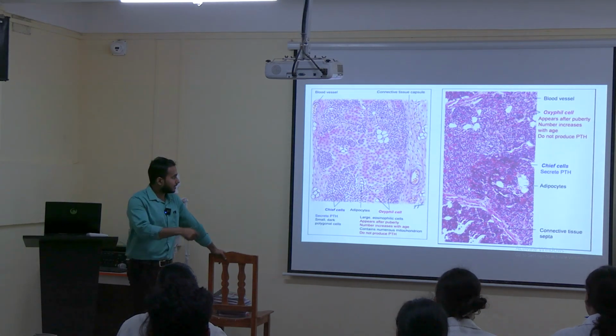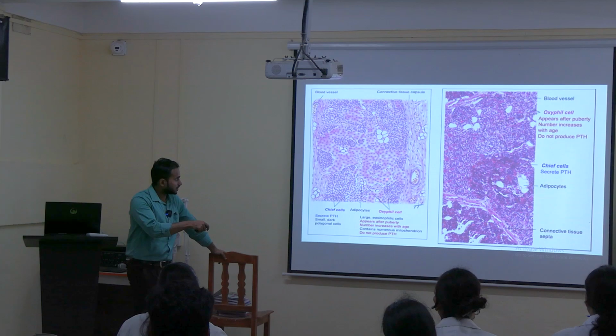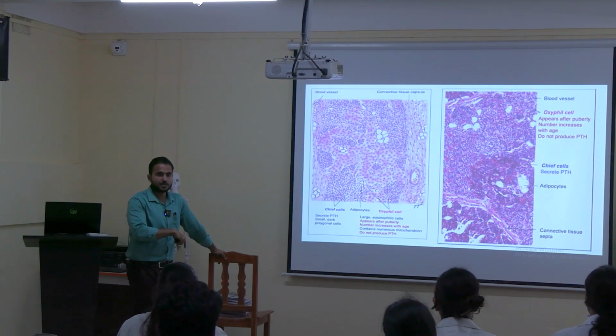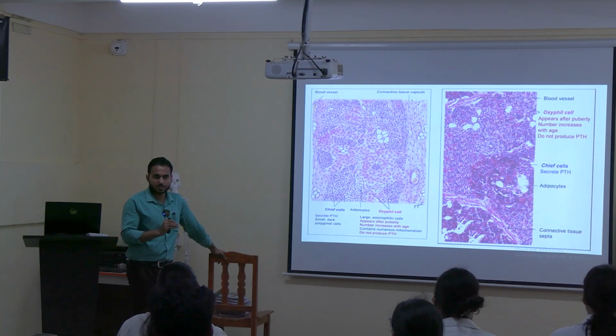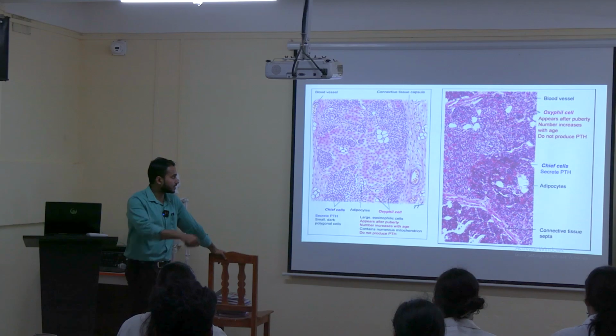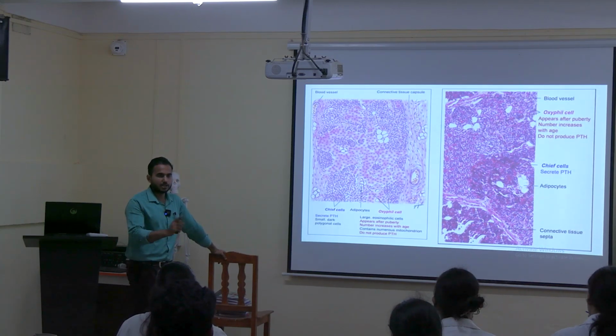And these are the oxyphil cells. Can you see? These oxyphil cells are larger as compared to the chief cells, and the numbers are also less. Their cytoplasm is acidophilic, that's why you can see a pink color appearance. Like this you can differentiate.